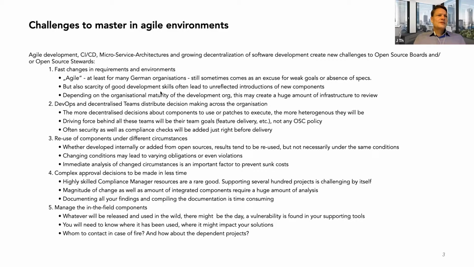Then we see that sometimes a lack of good programming skill also leads to the adoption of potentially fitting open source solutions, which is not always a good choice, and introduces new risks or issues.